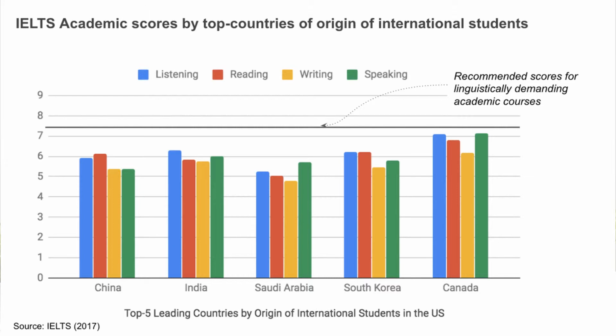However, they do get 6.5, which is sufficient for most European universities. So this is just to demonstrate that getting C1 advanced level on IELTS, which tests advanced academic English skills, may be quite difficult, and hence you have to prepare in advance.